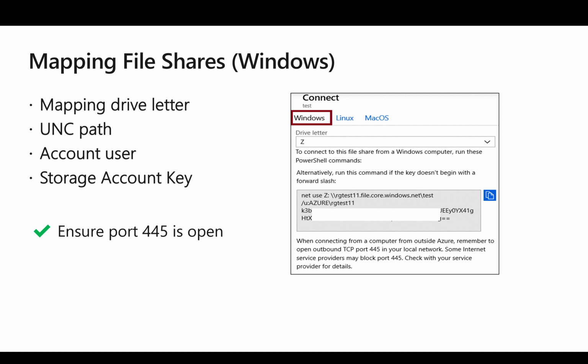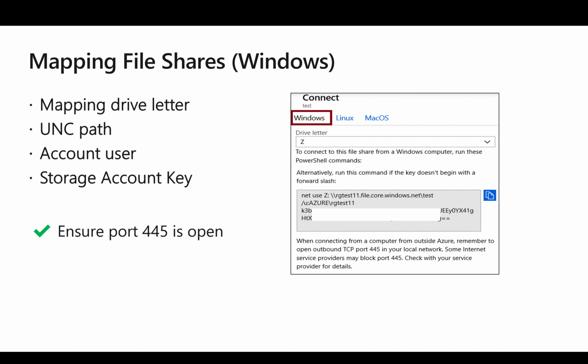We might need to use the full UNC path when we are mapping those drives, and we can use the user account name and the storage key. One thing we need to make sure is that Azure Files uses port 445, so this port needs to be allowed from the VM.